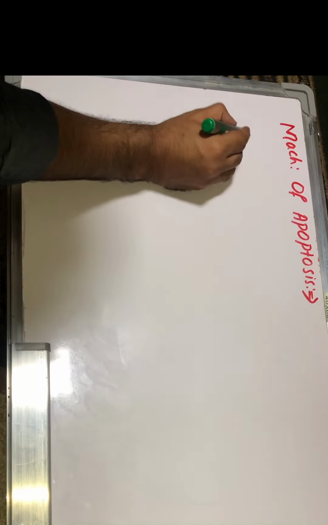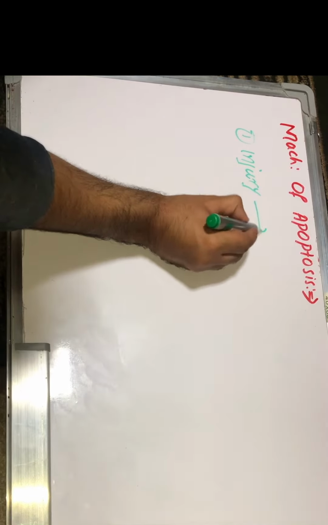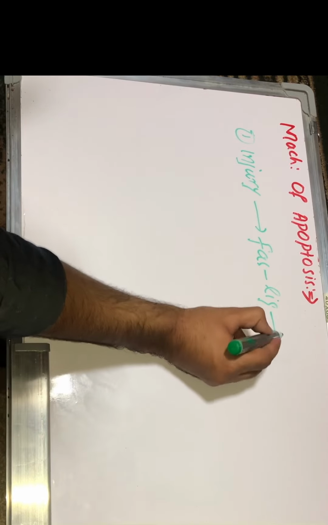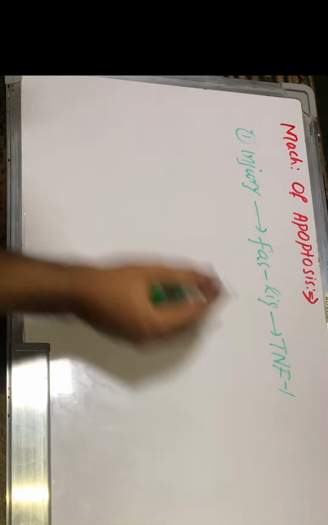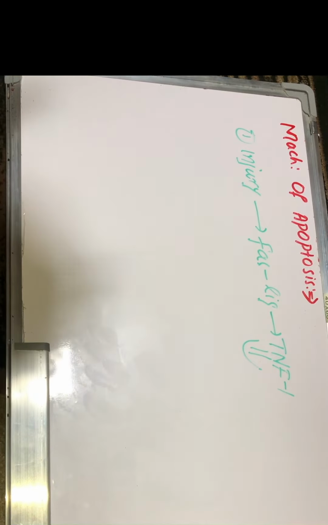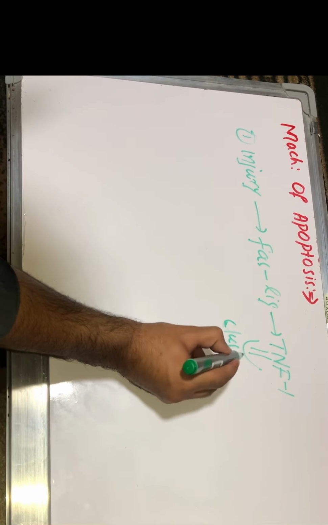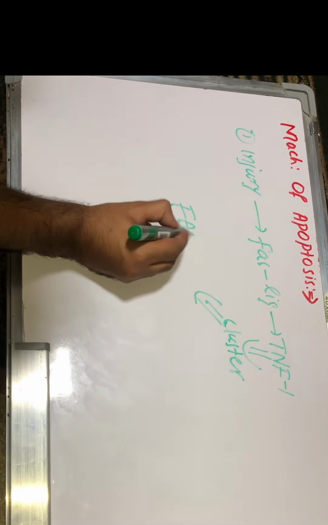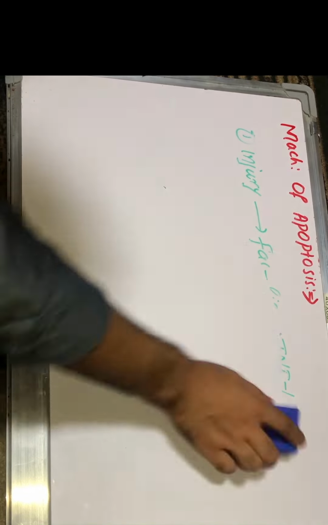So what occurs first? There is injury to the cell. Fas ligand attaches to tumor necrosis factor 1. The death domains of tumor necrosis factor 1s make clusters, and that cluster is called Fas-associated death domains.